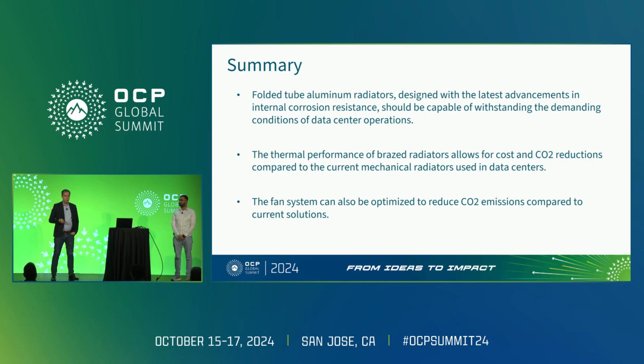But this is the only drawback. You have only advantages except this one. So if we succeed on internal corrosion resistance, there is a big potential at the end for data center CO2 reduction. Of course, again, as already mentioned, there are things to do also on the fan system side, but it's another story.